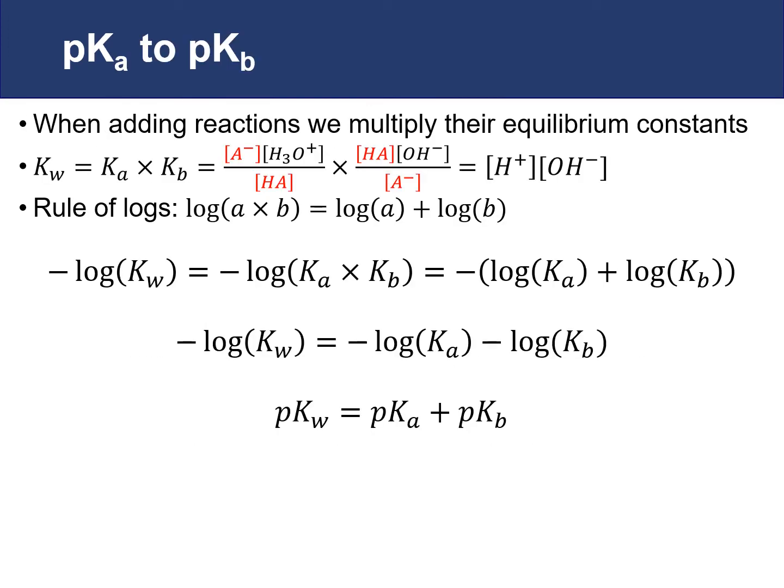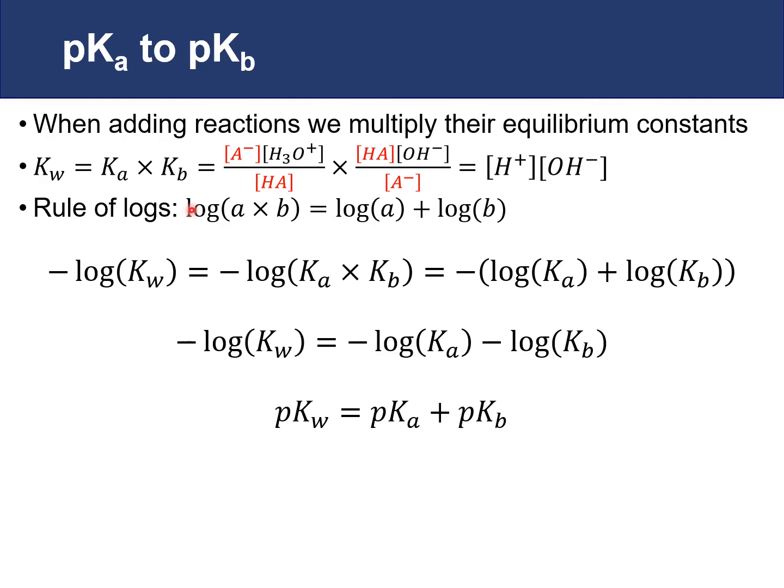Just like when we were adding together the equilibrium constants in a previous video, where the Kw was equal to Ka times Kb, essentially because we were adding the two reactions together, the acid dissociation reaction and the base dissociation reaction for the same conjugate acid-base pairs. And we saw that the Kw was equal to the hydronium ion concentration times the hydroxide ion concentration.